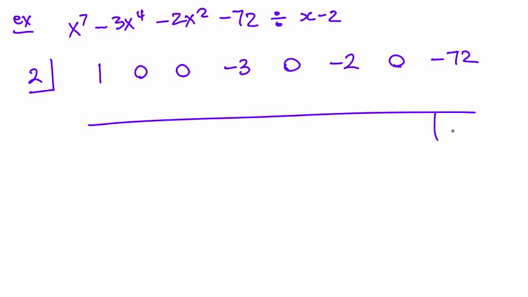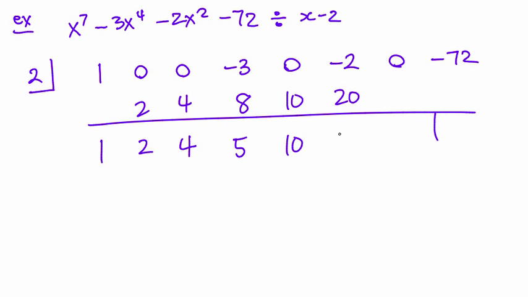This is going to look like a lot, but it's still a lot faster than long division. Add, multiply, add, multiply, add, multiply, add, multiply, add, multiply, add, 18, multiply, 36, add, multiply, add. Oh, beautiful. Remainder is 0.